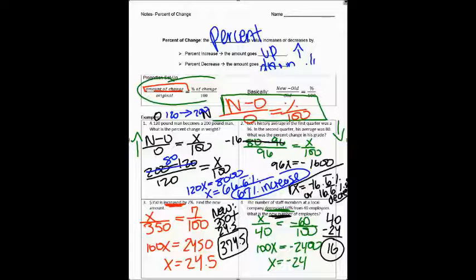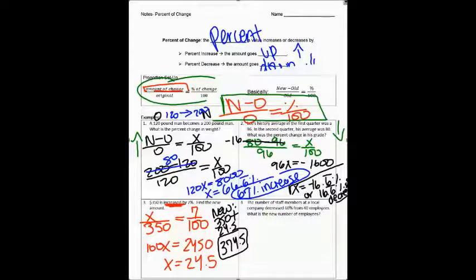I'm going to show you a way that's a little bit more algebra based on number 4. Another way that you can do it: new minus old over old equals x over 100, or really it's percent over 100. So the new is what we're looking for. n minus 40, the original, over 40 equals negative 60 over 100.